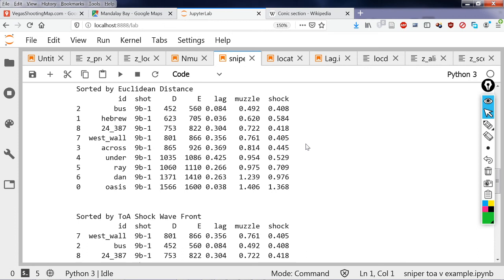So let me put this to you another way. Asking the question, or making the statement that because a supersonic crack arrives first, we must be... that's a bad way of putting it. If it takes longer for the crack to get to us, then we're further away from the source.